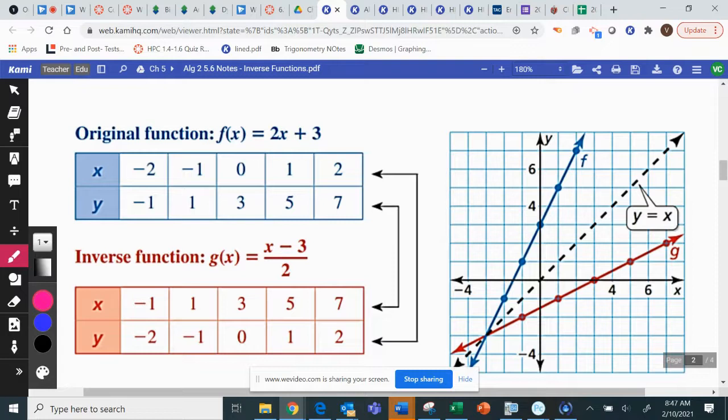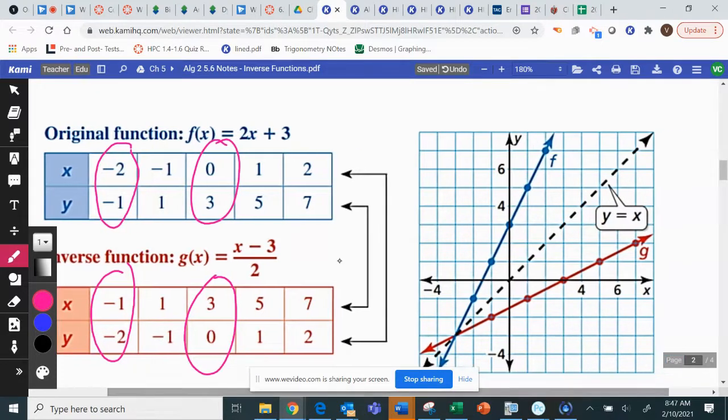If you compare the table of values, the red ones and the blue ones together, all the x's and y's are completely switched. Do you see how -2, -1, and -1, -2, these are totally switched? 0, 3, 3, 0. You see they're just switched. X and y's are switched.